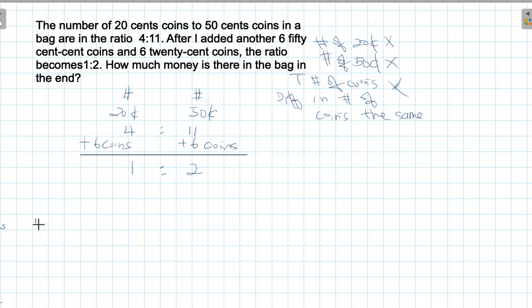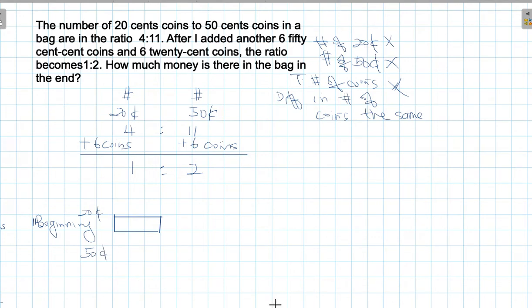So I see the beginning. I have 4 units. This is the 20 cent one, and then this is the 50 cent one, okay?